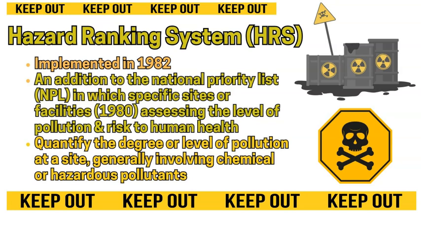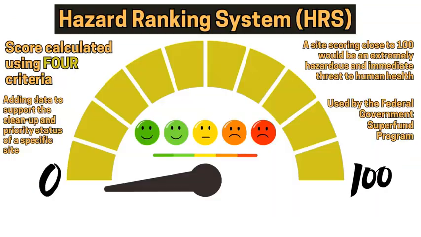So the National Priorities List is basically identifying certain sites that are of considerable pollution and therefore need to be regulated and assessed accurately. And this is where the hazard ranking system was implemented, to provide that consistent and accurate assessment of a site through different criteria to produce a score that would give a quantitative analysis of that site.